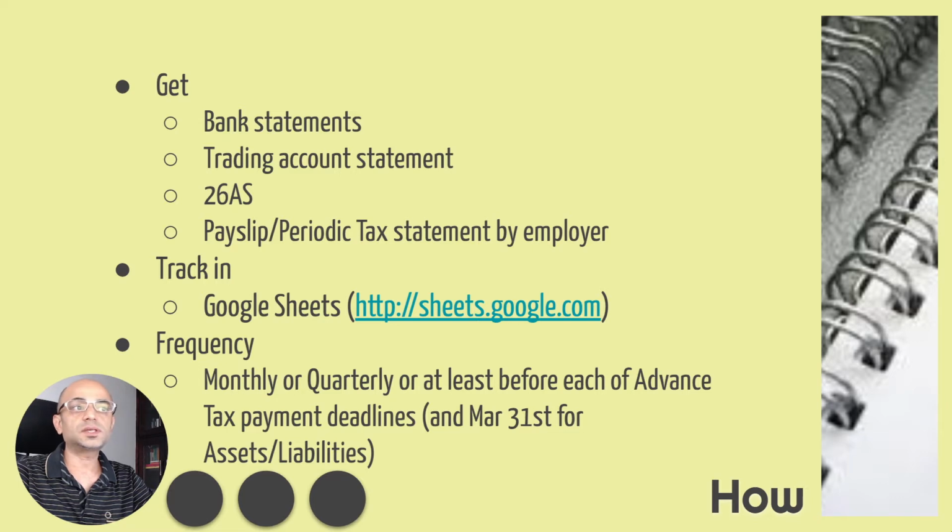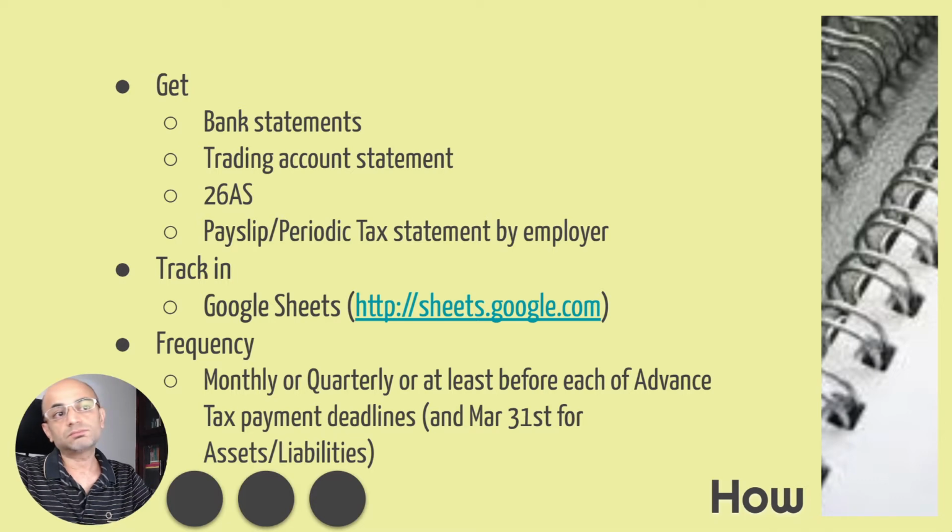And the frequency at which it's good to track, maybe quarterly, or if you have more time, you can do it monthly also. But at least quarterly is a good time to track it, and also make sure that you do it before each of the advance tax payment deadlines, so that you will know whether you need to pay any advance tax.